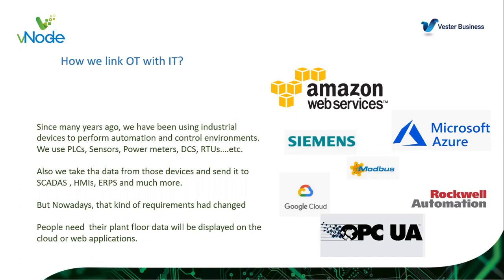We link the information coming from any kind of device or application, no matter which protocol you are using, and you can link it back directly to the application that will be using cloud protocols, okay? So we can connect through any application, any device, and send it back to any kind of IT application.